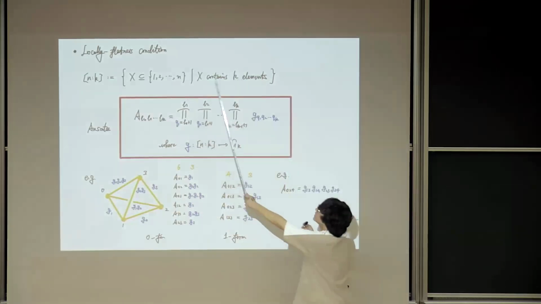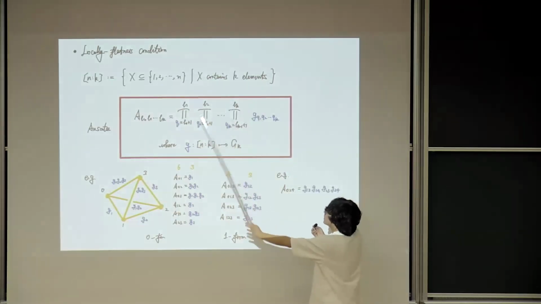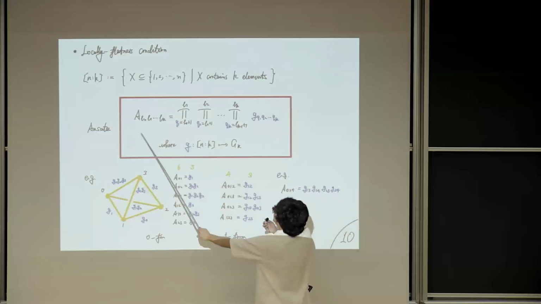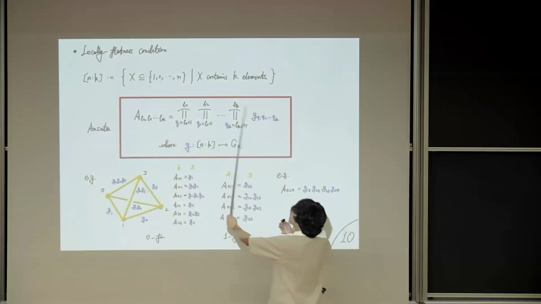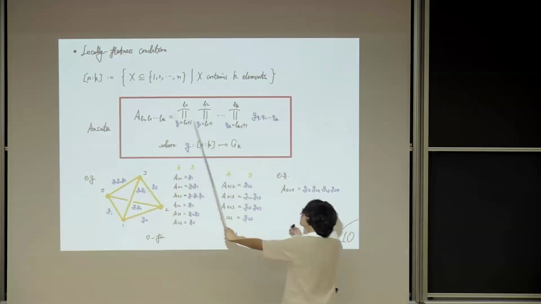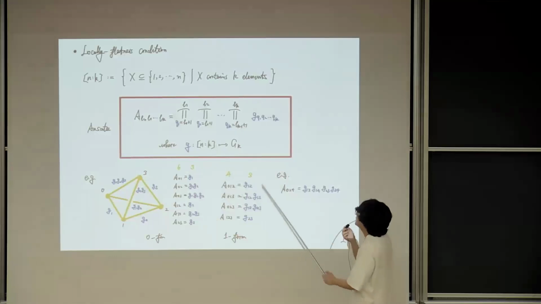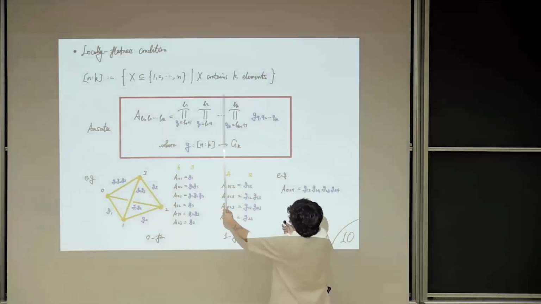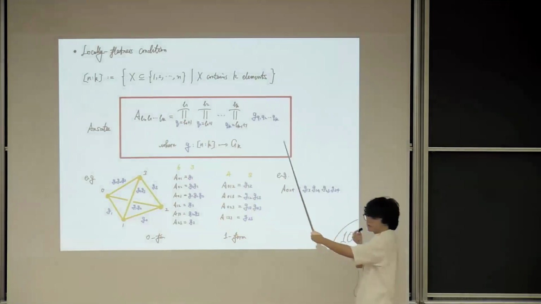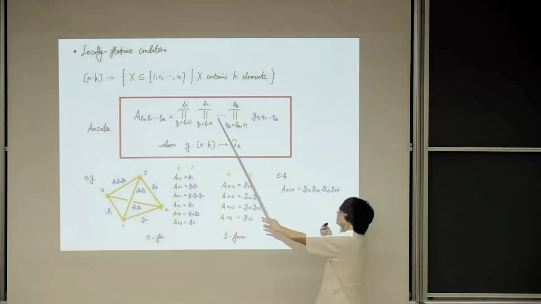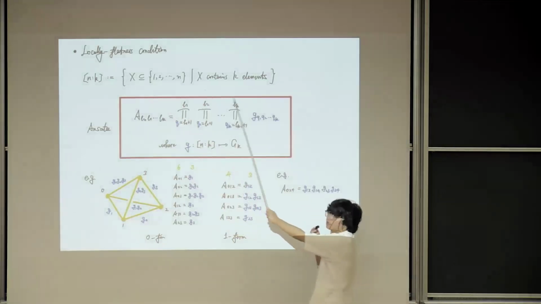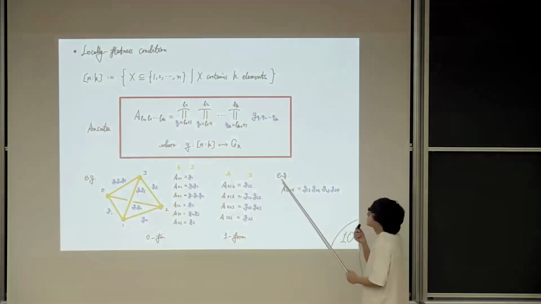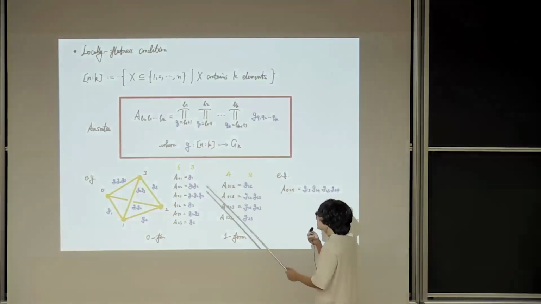So this is just an index set, so it has no direct geometric meaning. Okay, and then I will take this ansatz to express the gauge field on an n-simplex. I claim that according to this ansatz, I can get all the locally flat gauge fields on this n-simplex. So let's try to see some examples.